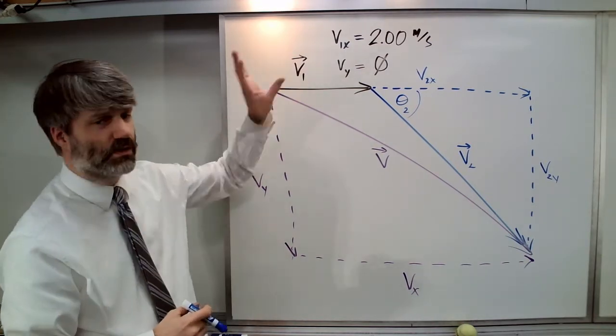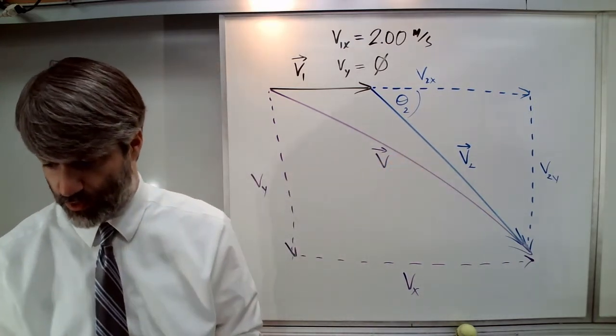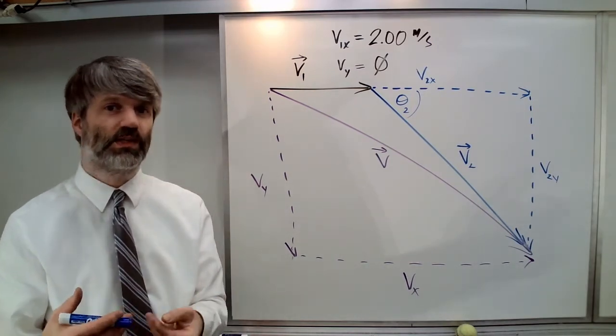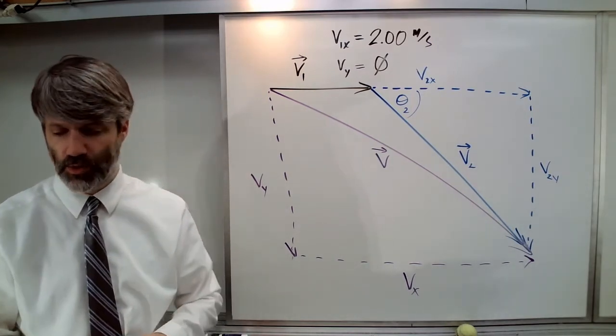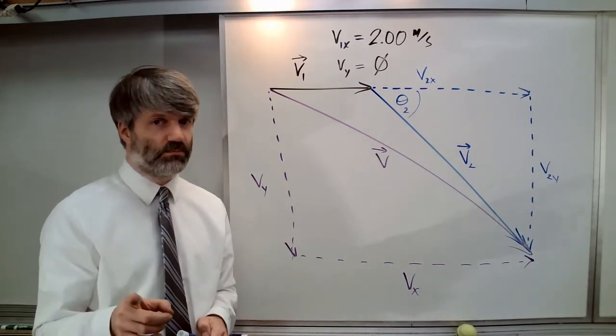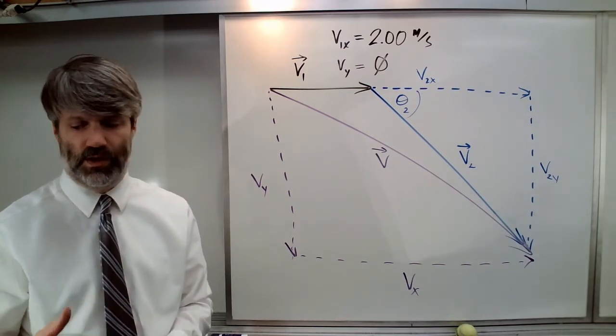Again, V1 is already in its components. V2, we're going to have to break into its components. Nicely enough, it's a 45-45 triangle again, so the x component is equal in magnitude to the y component, even though they're not in the same direction. Which, mind you, means that they are not the same vector. They're not equal vectors, they're not equivalent.